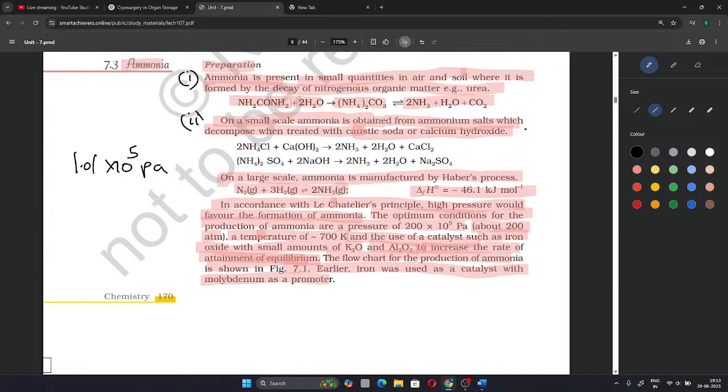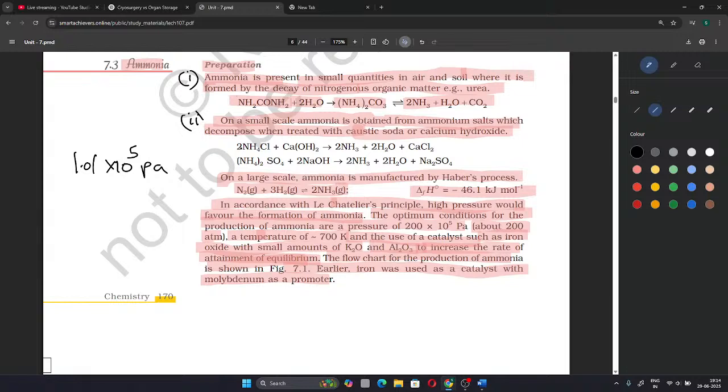Calcium hydroxide is also called slaked lime, and CaO, calcium oxide, is called quicklime. NH4Cl, ammonium chloride, with calcium hydroxide will give ammonia, water and calcium chloride, and ammonium sulfate will react with caustic soda to give NH3, ammonia, water and Na2SO4, sodium sulfate. Salt plus base gives ammonia, salt and water.